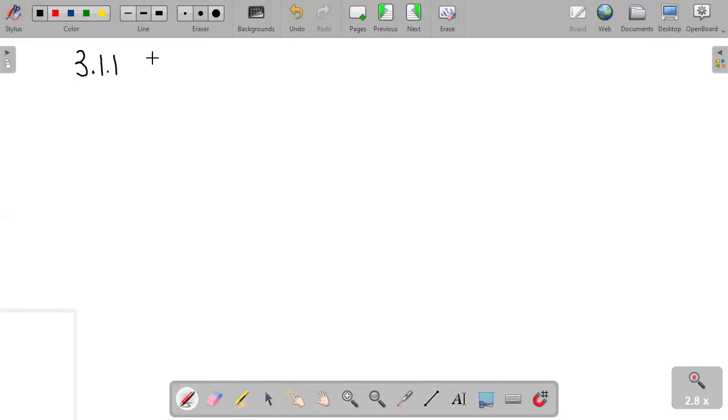So the first day is going to be 800, multiplied by 1 over 4. And then on the second day, it's going to be 800 multiplied by 1 over 4 multiplied by 1 over 4.